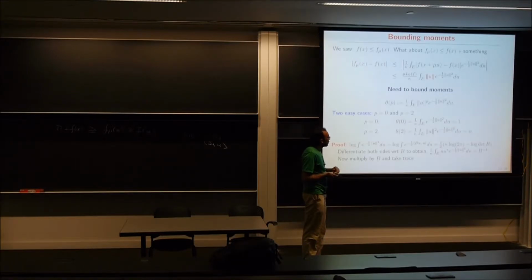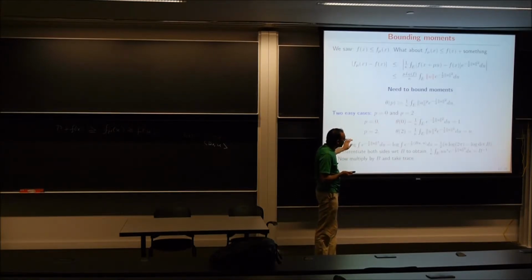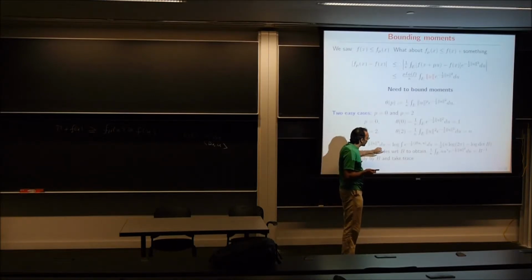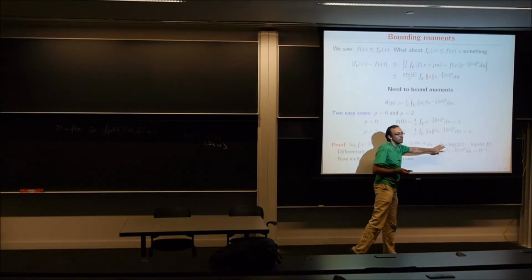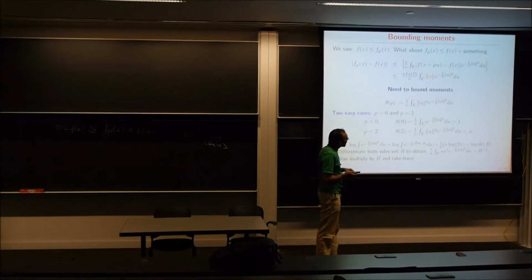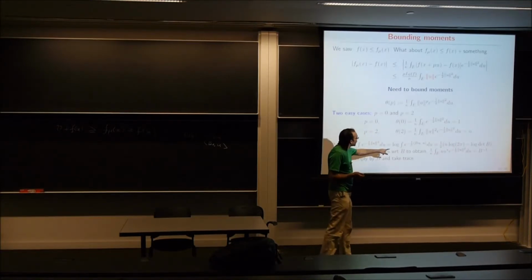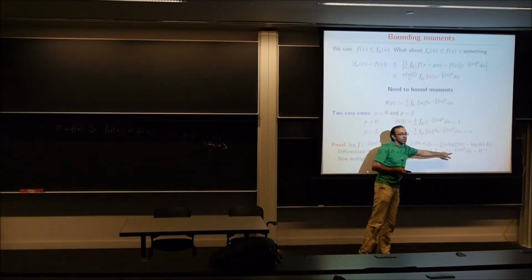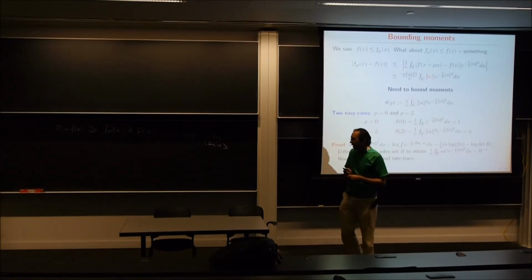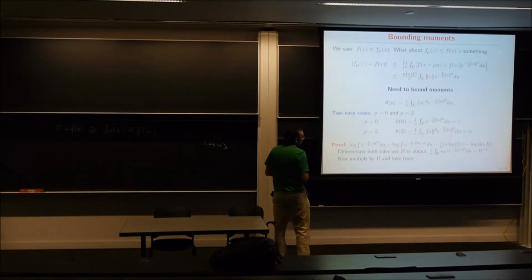Now you differentiate both sides with respect to b. Once you do that differentiation, the denominator will become 1 because log, when you differentiate that, that goes down and the numerator gets differentiated to that object. The right hand side is b inverse. And now multiply both sides by b.